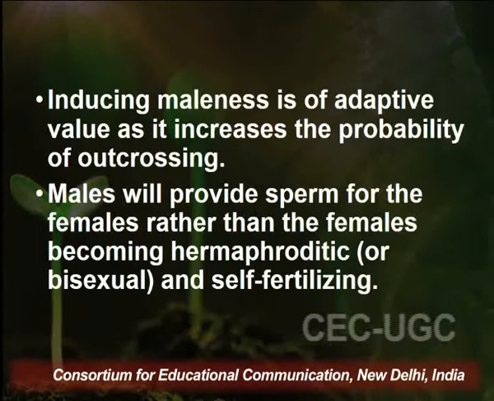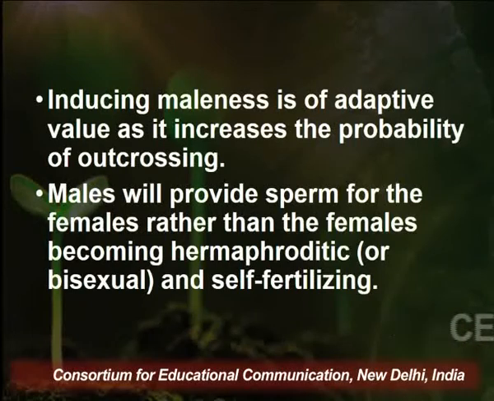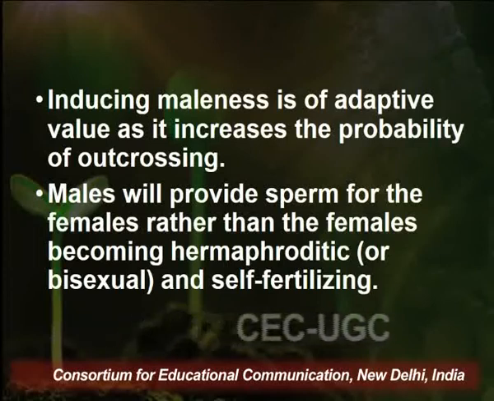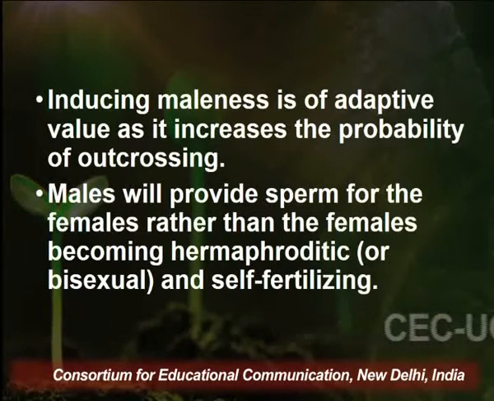You will agree, learners, that if there are males also around, there would be an increase in the probability of outcrossing, because the males would provide sperm for the females rather than the females becoming hermaphroditic or bisexual themselves.